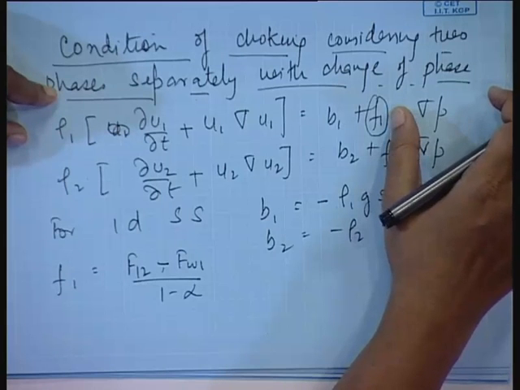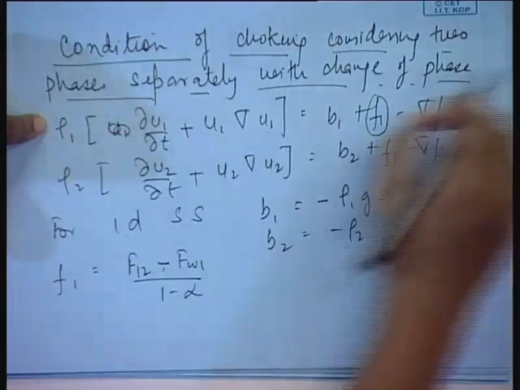Agreed? But usually it is difficult when the two phases are flowing. We can very well identify a unit volume of the flow element, which will comprise fluid 1 and fluid 2. It is very difficult for us to separate a unit volume of fluid 1 or a unit volume of fluid 2 and perform the necessary things.